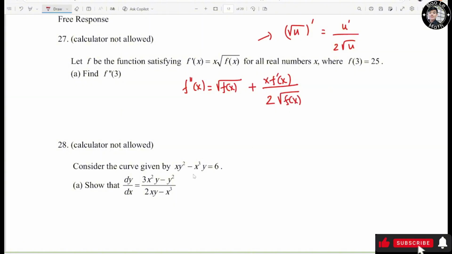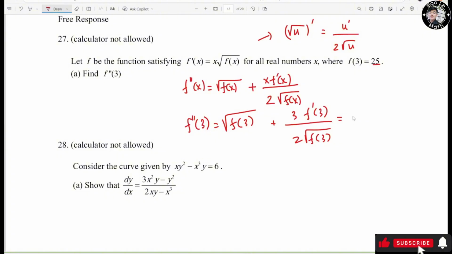I put s in the front. So I substitute 3 for s. So f double prime of 3 equals square root of f of 3, plus 3 times f prime of 3 over 2 square root of f of 3. So f of 3 equals 25.